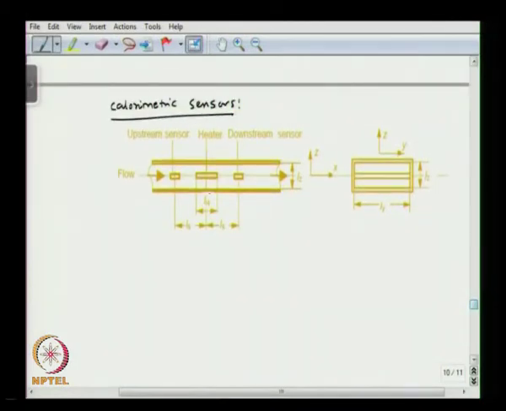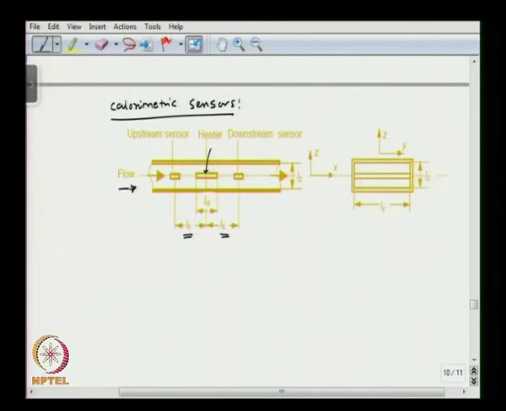So, as you can see here in this image, we have a heater of length LH, and the upstream sensor is located at LS from the center of the heater, and the downstream sensor is located at a distance LS. Okay. So, on both sides we have two temperature sensors, and flow is coming in.